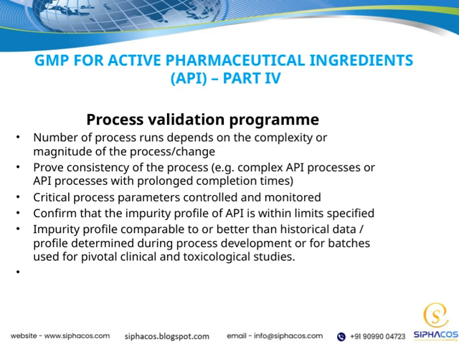This comparison helps us confirm that the process remains consistent over time and that the product quality is maintained at the desired level. All of these steps are part of our broader GMP framework for active pharmaceutical ingredients, which ensures that we consistently produce high-quality APIs that meet both regulatory standards and our internal quality benchmarks.